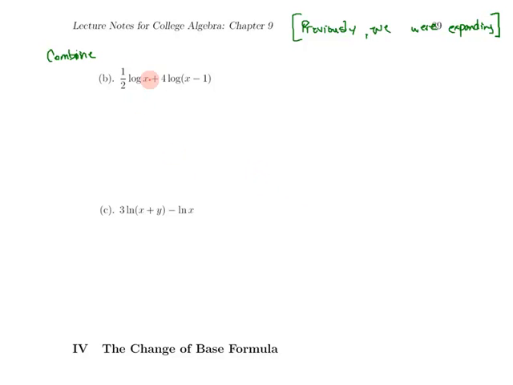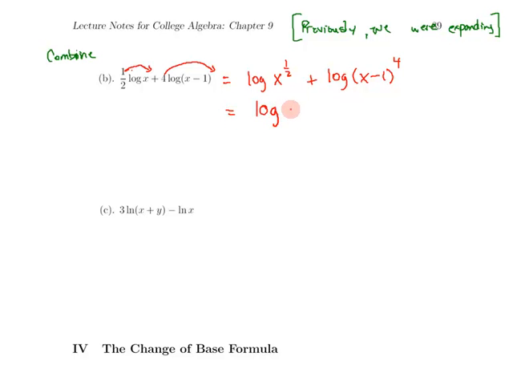Now I cannot combine two logs when they have different coefficients. So first thing I'm going to use is the power rule to bring those numbers up inside as exponents. So this becomes log of x to the 1/2 power plus log of x minus 1 to the 4th power. If we add them together, that is now the product inside a single log.